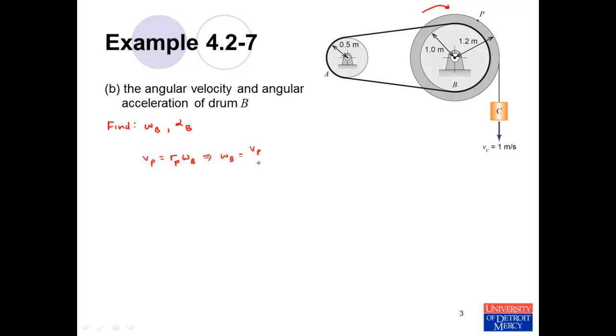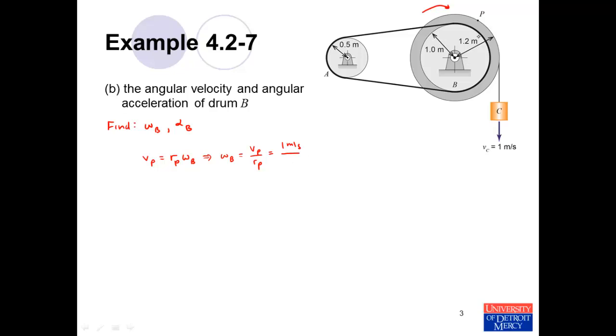It's the velocity of P divided by the radius. From the previous slide, we have that the velocity was 1 meter per second, the same velocity as mass C.